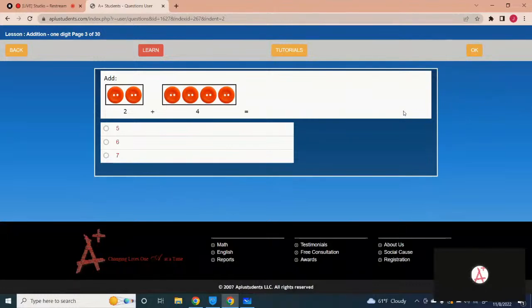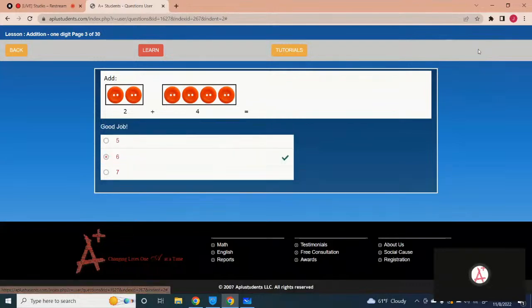Oh, very good. Just select the correct option, then click on the OK button. Got it? So select the, oh, I haven't clicked on the OK button.